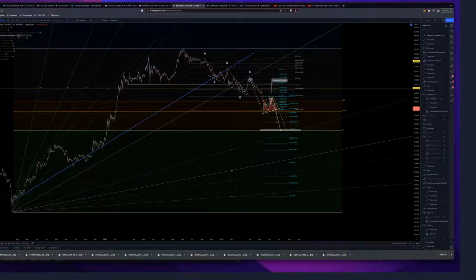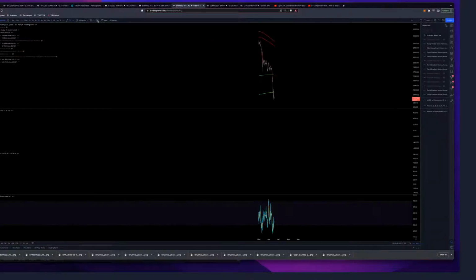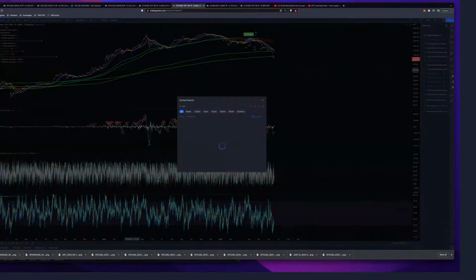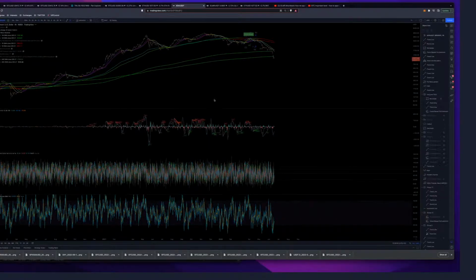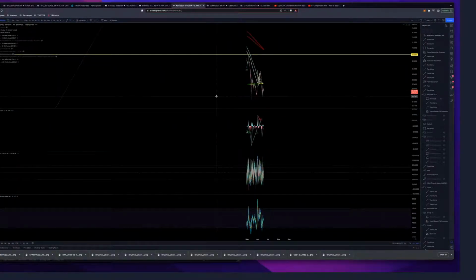Or actually, let's try this one. That's not going to help us. Give me a sec. All right, what I'll do is add this template. Let's see what it does. Okay. It went to Ethereum by accident.